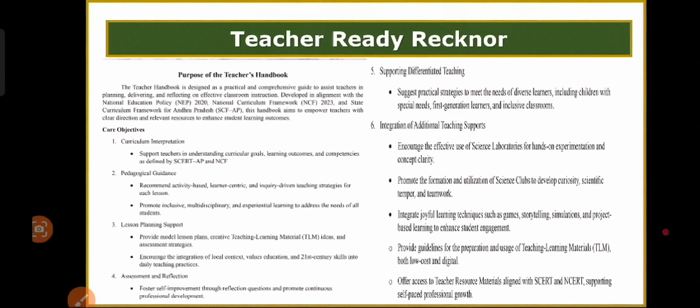As a part of the teacher ready reckoner, under purpose of the teacher handbook, we have given the core objectives of the teacher handbook, like curriculum interpretation, pedagogical guidance and lesson planning support, assessment and reflection, supporting differentiated teaching, and integration of additional teaching supports.